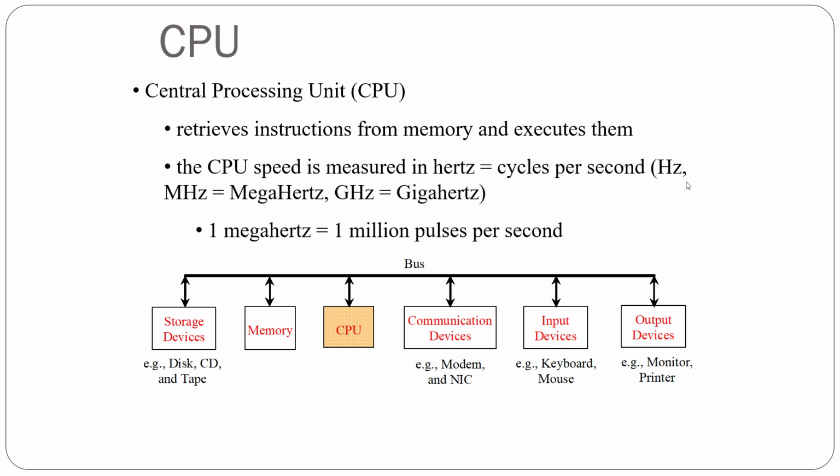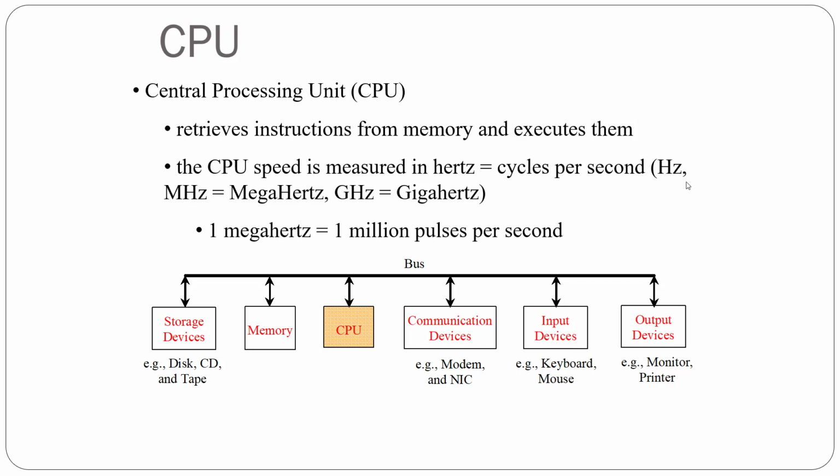So if your processor is capable of generating a large number of electronic pulses per second, then that means you can perform more operations per second, right? So that's the intuition you should try to have in your mind.